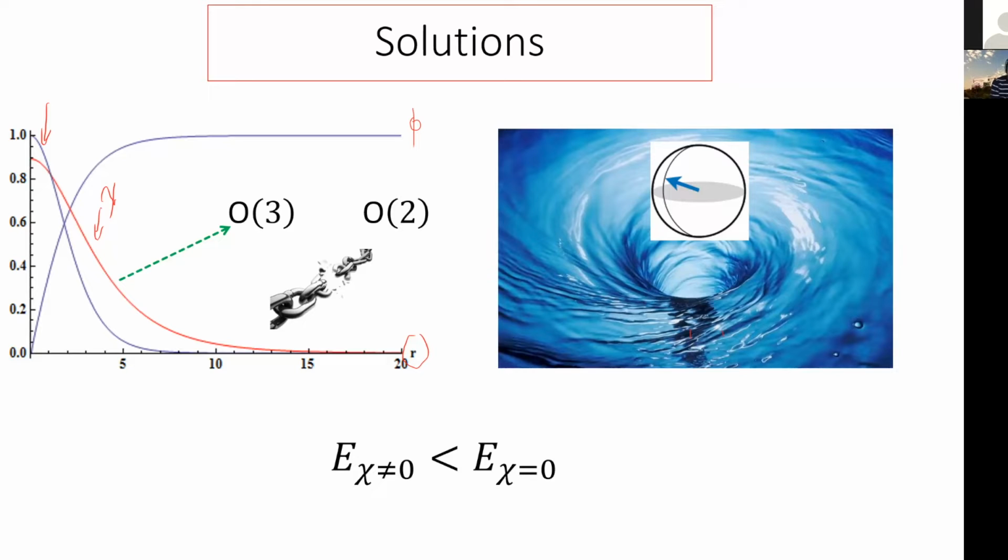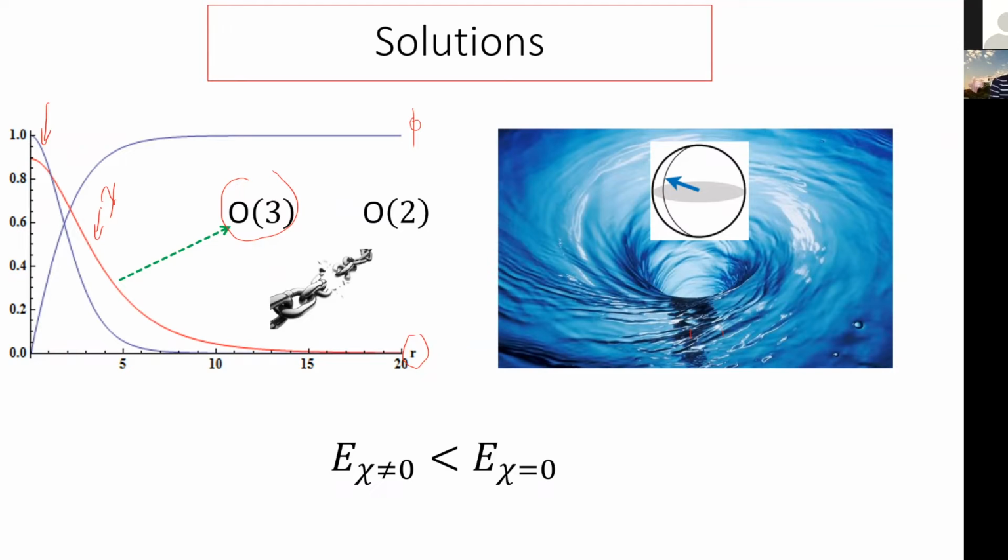And this condensation of the chi field inside the vortex breaks the internal symmetry from O3 to O2 because we're picking a specific direction. So the only remaining symmetry that we have left is the symmetry of rotations around this direction that we picked, which is O2. It's the plane of rotations.